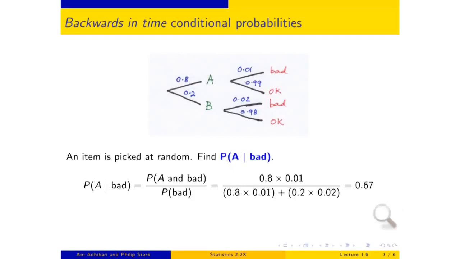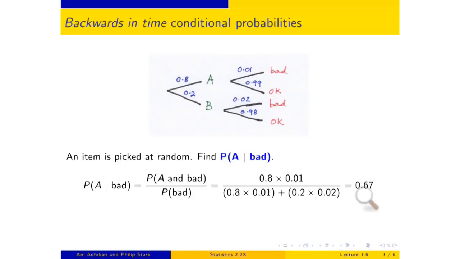It drops from the 80%. It becomes less than that. That is because, thinking it's bad, this gives a little more weight to machine B.